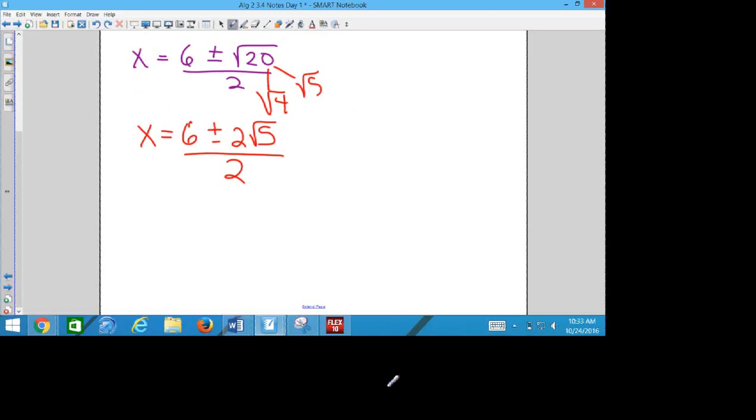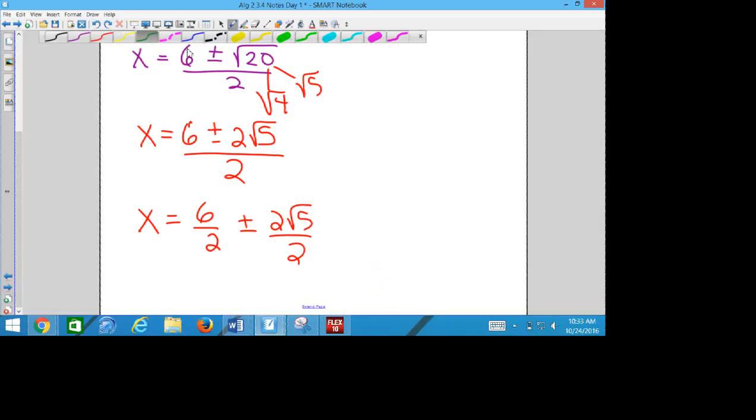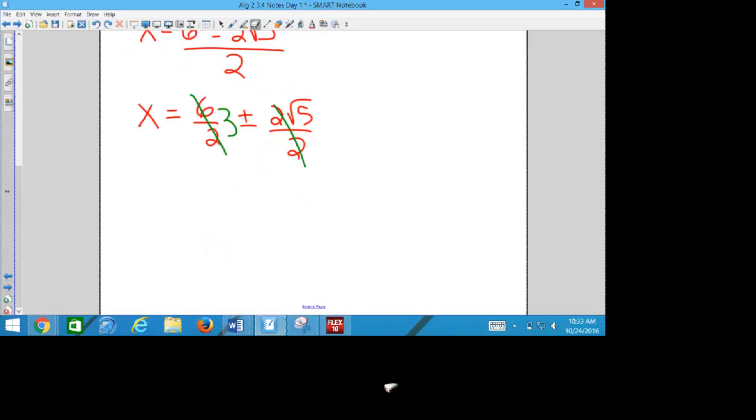If I take that 2 and distribute it to both terms on top, 6 over 2 plus or minus 2 radical 5 over 2, what happens to the 2 in both cases? So we have 3 plus or minus radical 5 for our final answer.